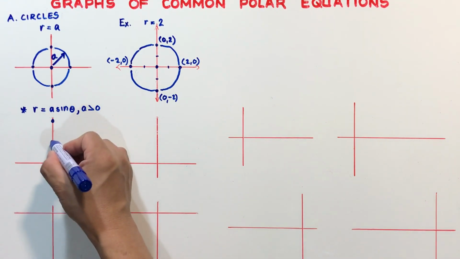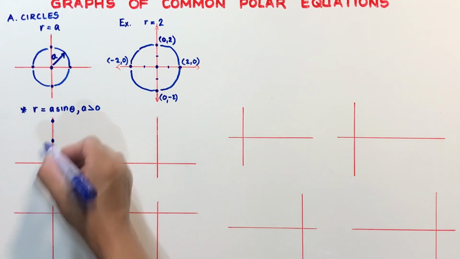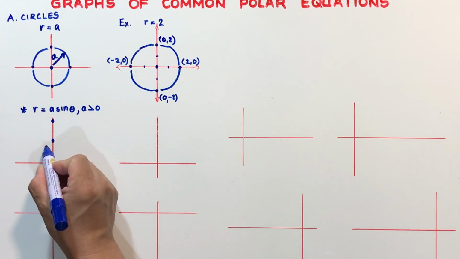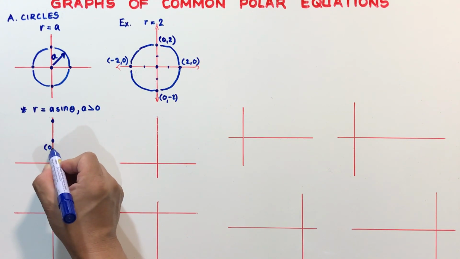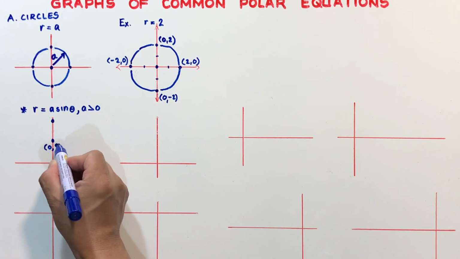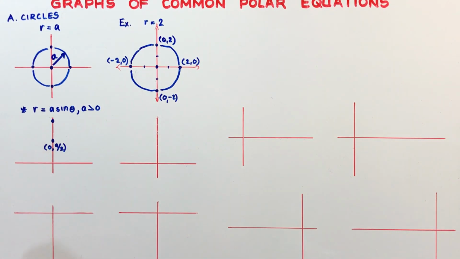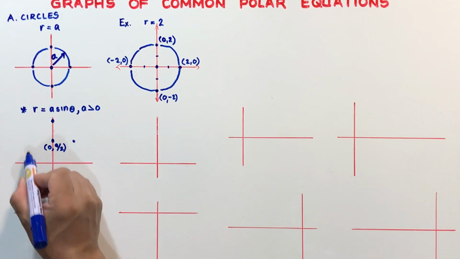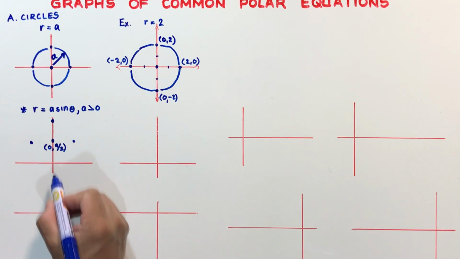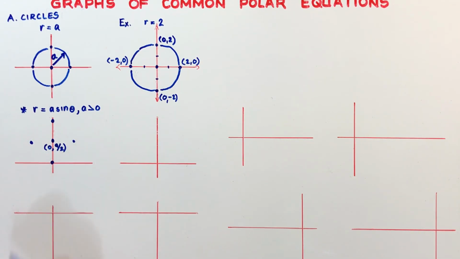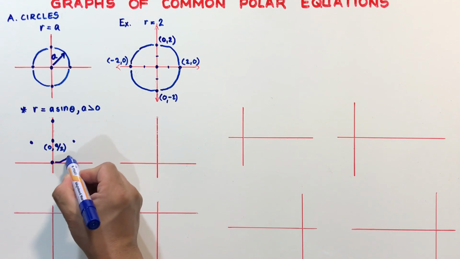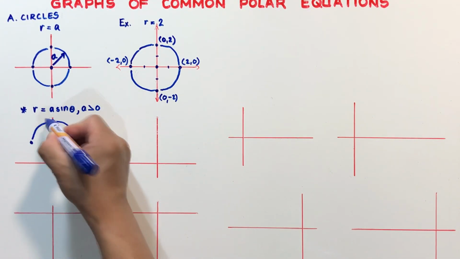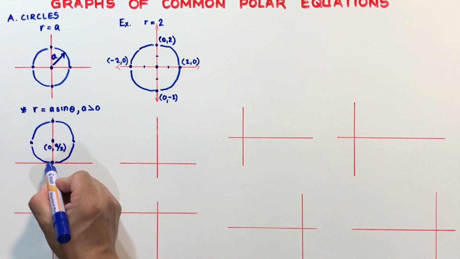Since the diameter is a, the center is here, halfway to a. So this is the center of the circle, whose coordinates are (0, a/2). Then you move a/2 to the right, a/2 to the left, and a/2 downward, and sketch the graph of this circle whose radius is a/2.